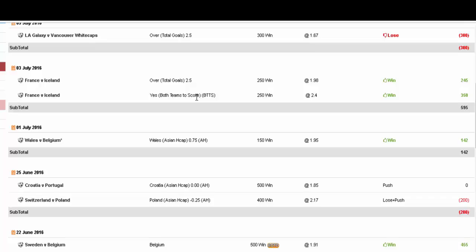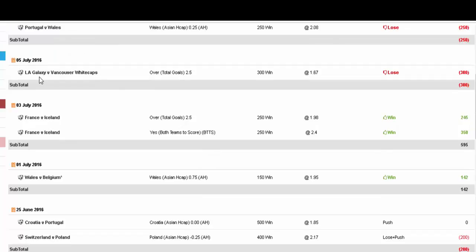I can say that now because that's what happened. Though, weren't France 4-0 up or something? During the game, it was far more France than I'd expected. So the two bets were more than 2.5 goals and both teams to score, both of which won.